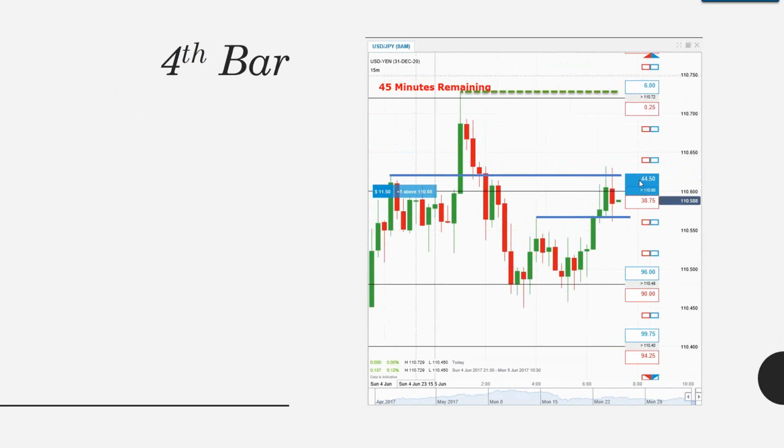This is the fourth bar. Would you stay with this trade? You got 45 minutes. This is a 15-minute chart. Will you stay? Or would you exit? Okay, some of you would stay, some of you would close.